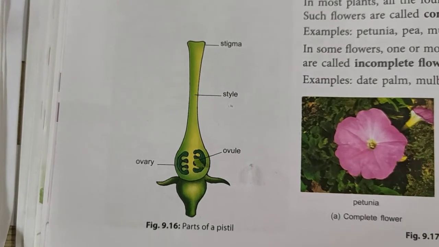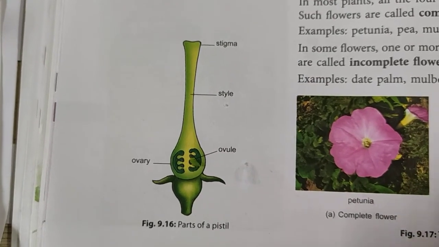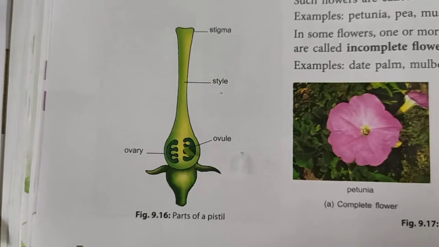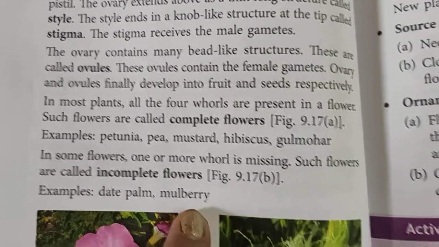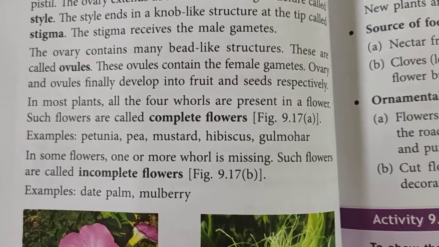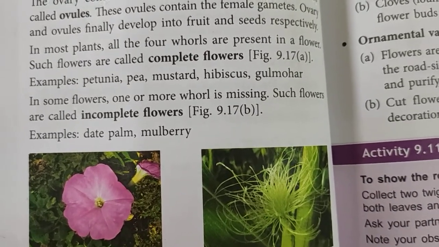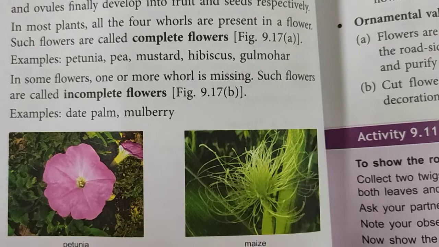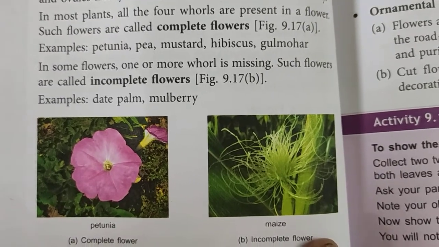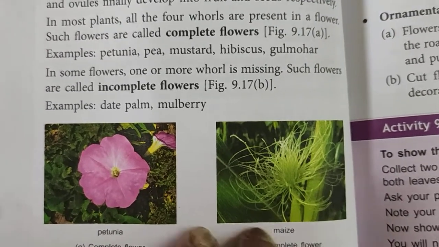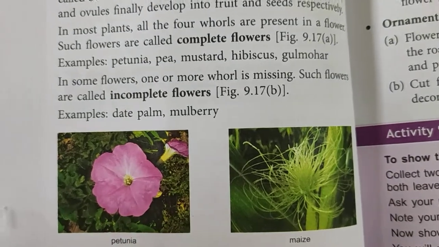So the flowers in which all the 4 whorls are present are known as complete flowers, and in some flowers all 4 whorls are not present. Maybe one or more than one whorl is missing. Then such flowers are known as incomplete flowers. The examples are date palm and mulberry.